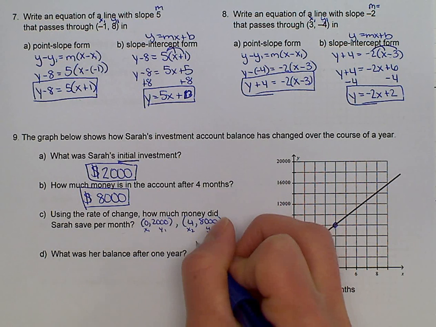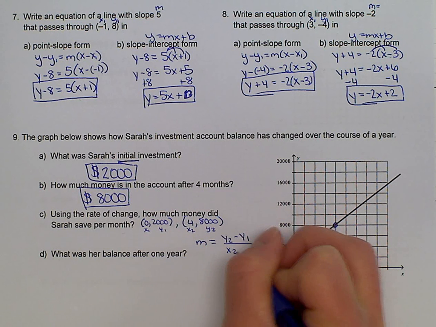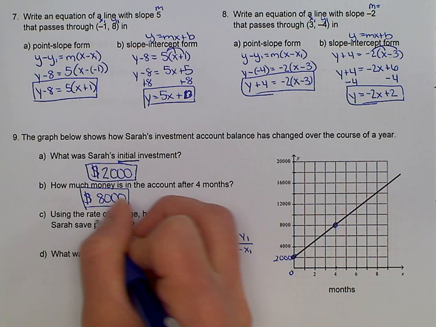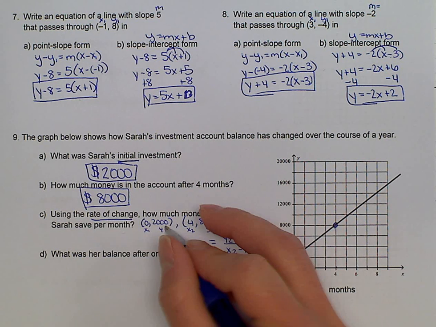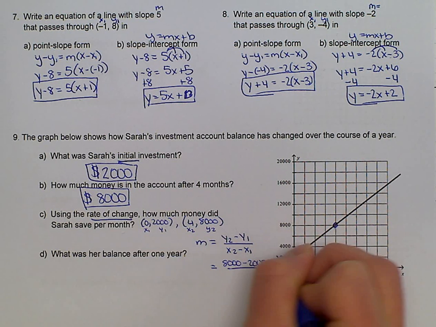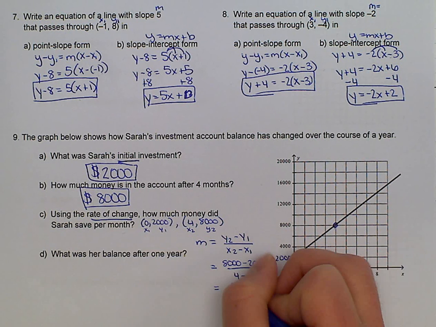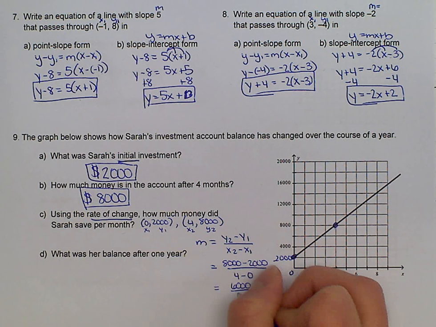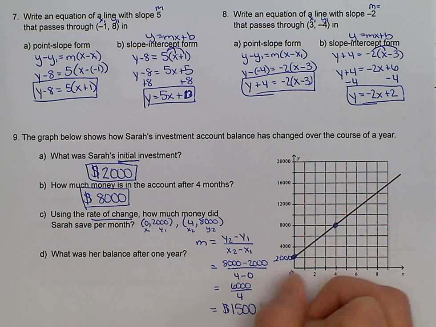Remember, for slope, we want the difference of our y's over the difference of our x's. Remember, slope is rate of change. Okay, so we have 8,000 minus 2,000 over 4 minus 0. We get 6,000 over 4. So we get that our rate of change was $1,500, and that's per month.